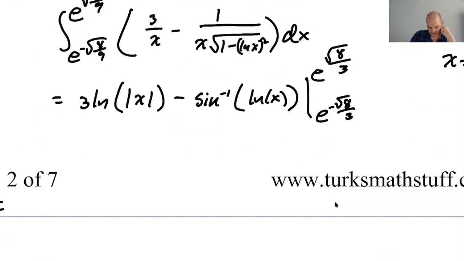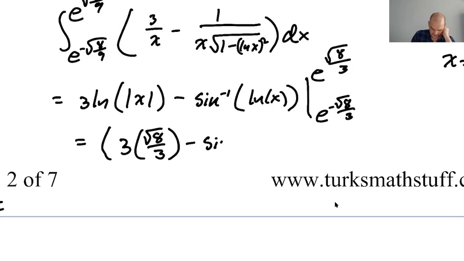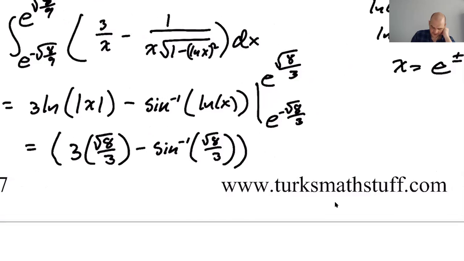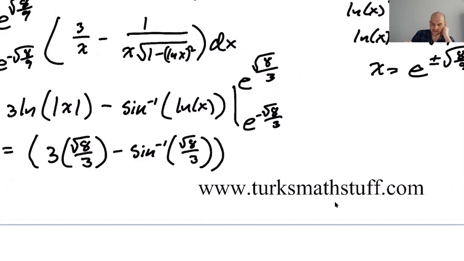All right, plug in. Okay, 3. The natural log of e to the radical 8/3 is just radical 8/3, minus the sine inverse of radical 8/3, for the same reason, e to the natural log of e to the blah is blah.